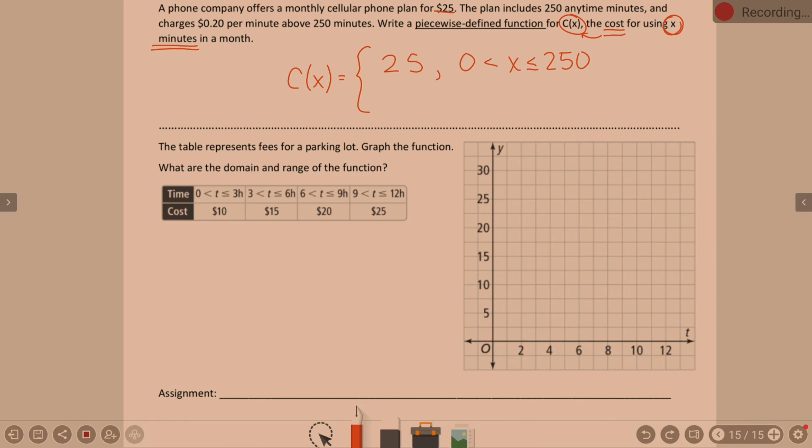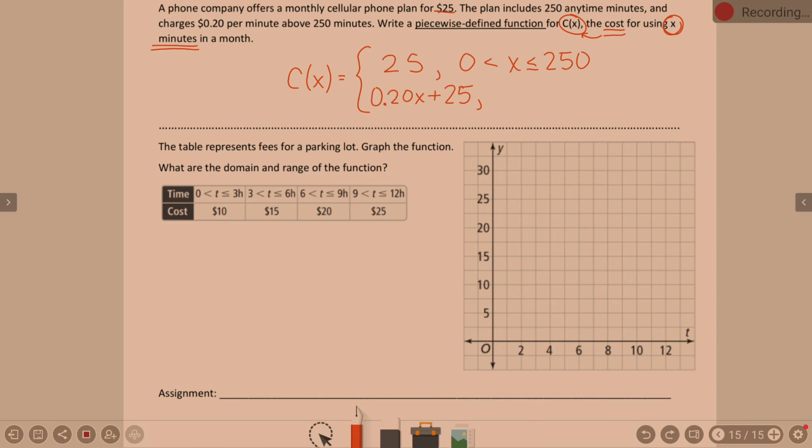Okay. So he said 20 cents x plus 25. As in, I'm taking 20 cents and multiplying it by x to get the price extra per minute I'm being charged and adding on to the original 25.